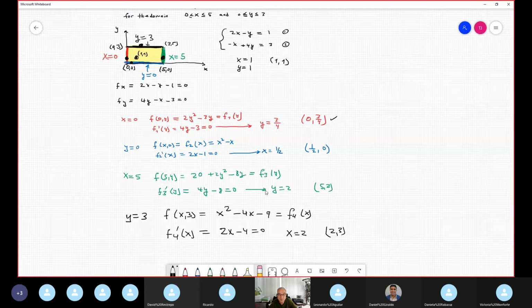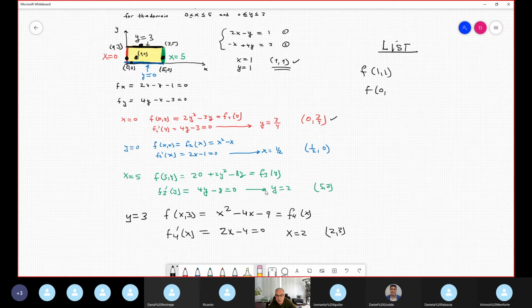So we have a lot of points to investigate. We have the first one, the result to investigate the critical value. And the boundary including the corner, you create the big list, and you evaluate the function at (1, 1), where I come from, that point. The function at (0, 0). Why, professor, at (0, 0)?